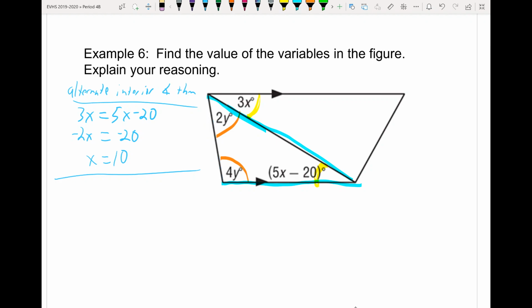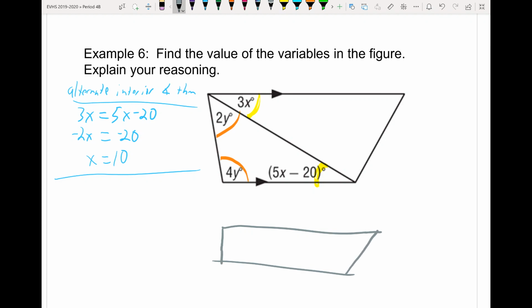Now, if I expand out my logic, though, let me redraw this. If I draw this without this diagonal line that's interfering with things, I know that these two angles here are consecutive interior angles, right? However, I've got this guy cutting across.